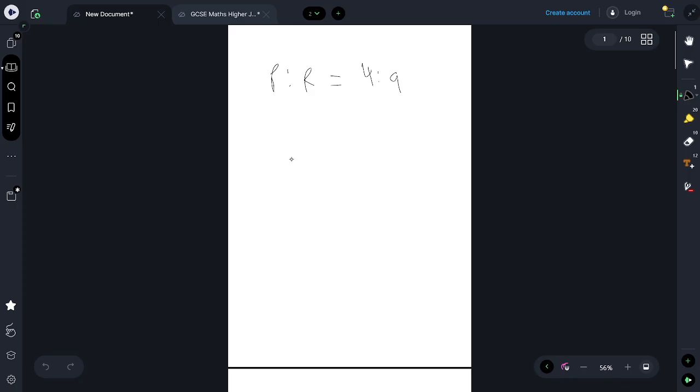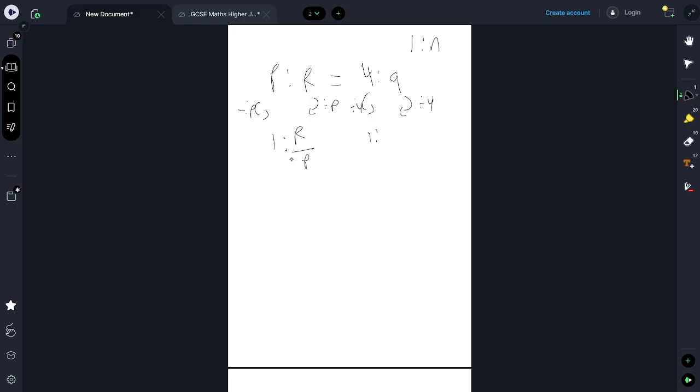If you're given two ratios like this that are equal, this approach will always work, like it did with the other question. You want to make a common number in both of them. The best way to do this is to make it 1. Make the ratios look like 1 to n on both of them. So let's make both of the left ones 1. Divide by p on this one, so you get 1 is the same as r over p. And with this one, divide by 4.